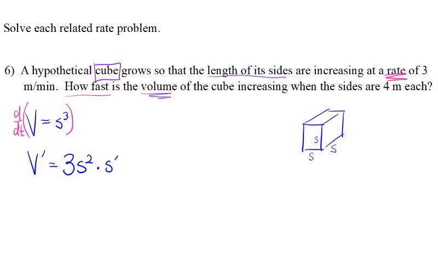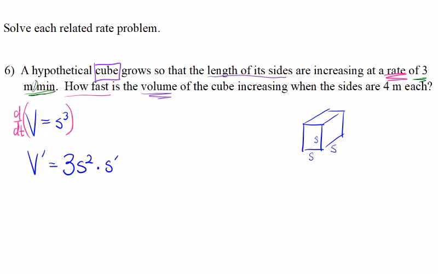Okay, so now we have three variables: V prime, S, and S prime. And so we want to plug values in for those variables. I'll probably plug in for two and solve for the other. So they give us a few different numbers here. They tell us the length of the sides are increasing at a rate of 3 meters per minute, right?